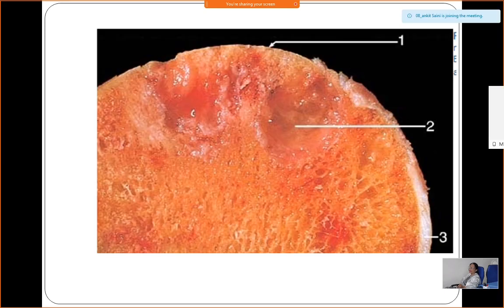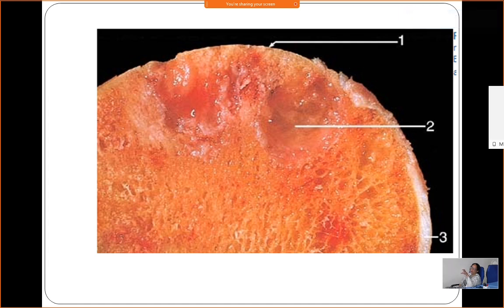This is what happens. You can see number 3 is a normal cartilage cap. You can see that white cartilage cap that is present. If you look at the number 1 area, that cartilage cap is totally lost and subchondral bone is exposed, and in this subchondral bone, when the person walks, there will be more fractures, and number 2 shows a hemorrhage and cystic space forming within the subchondral bone.